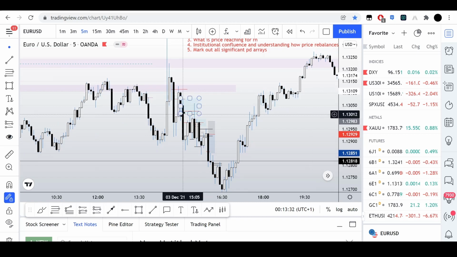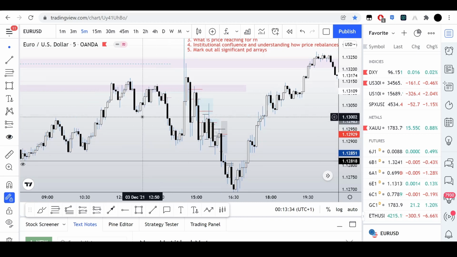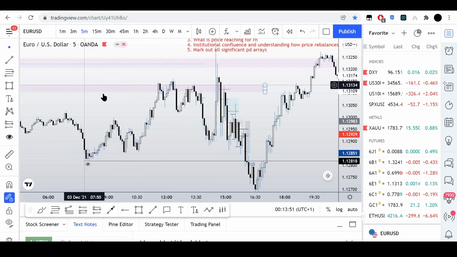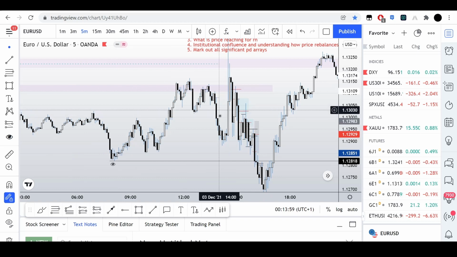You want to practice marking out, getting a whole lot of confluence, using FVGs, using all the tools, but you can have one model. You can have one model and understand that model, and it is all fractal. It'll be in these areas, whether it's a stop point, breaker, structure, OTE, whether you're using a breaker, or just using FVGs and imbalances.